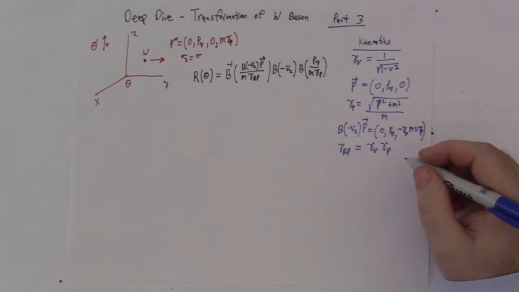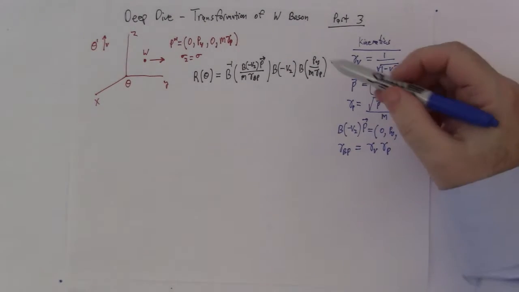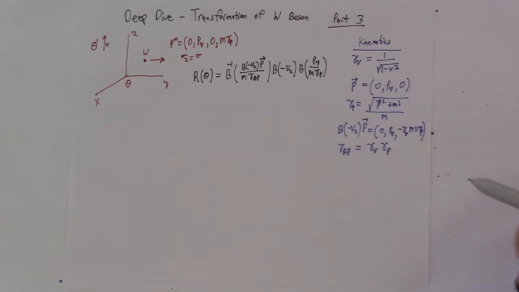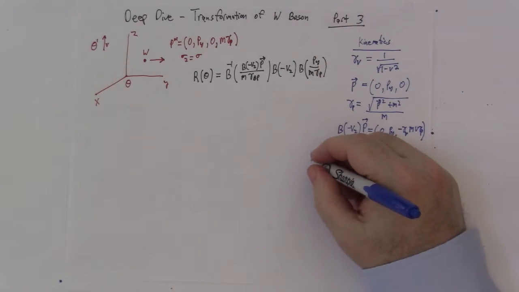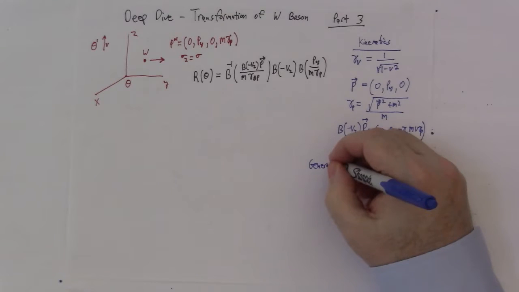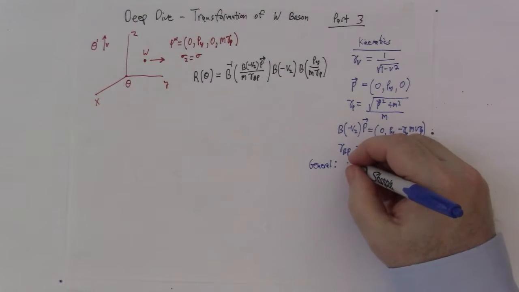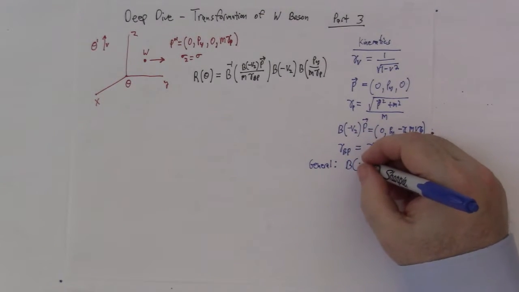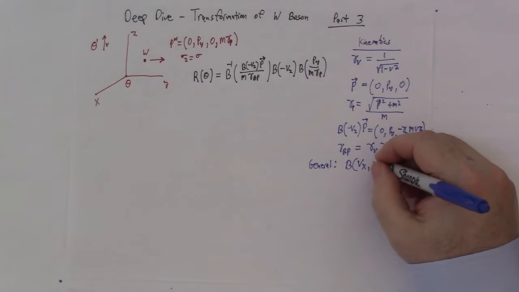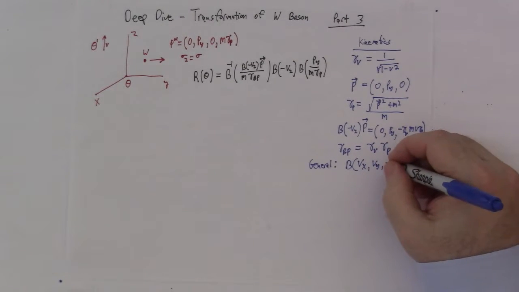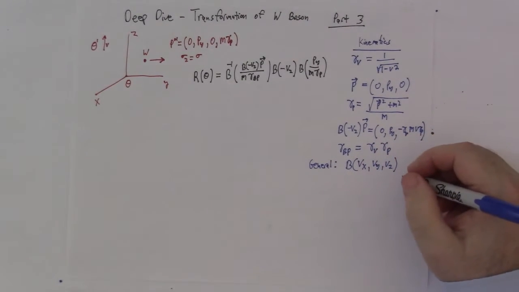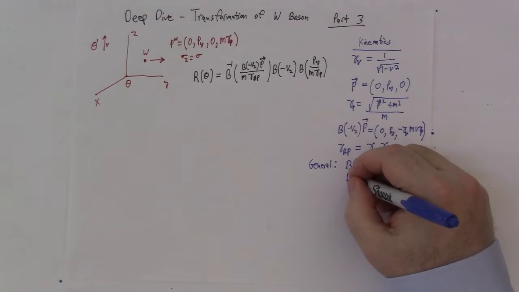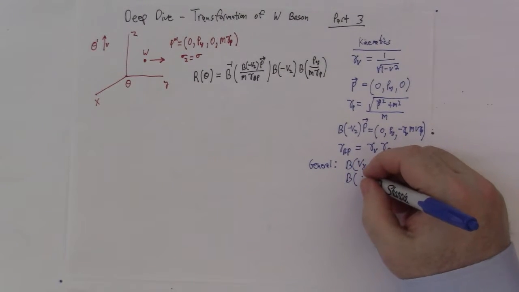Now, I've been using shorthand notation for these boosts. In actuality, in general, a boost has three parameters. We can either write it in terms of its velocity parameter, or I think what I'm going to do is write it in terms of its momentum components.